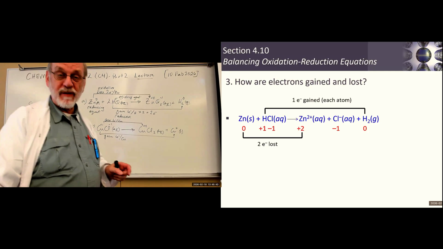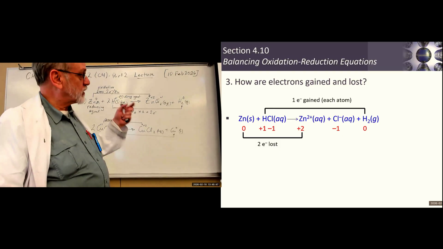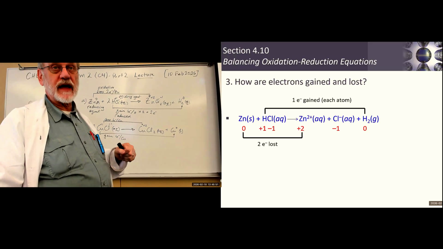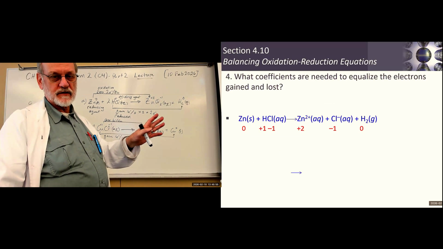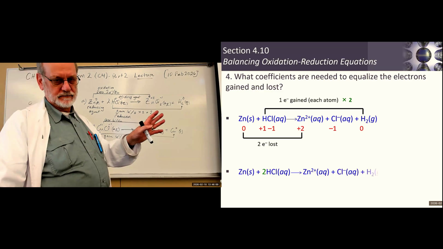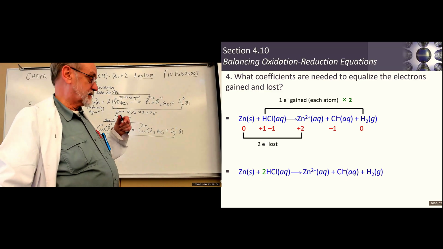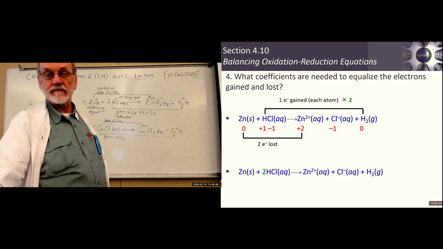Okay. Now to balance it, we need 2 hydrogens. So we put a coefficient in front of the HCl, and we don't need 2 in front of the hydrogen because it's already got 2. All right, so we just draw our tie lines again. And we put a 2 in front of the HCl, and lo and behold, it balances the equation with just 1 coefficient.